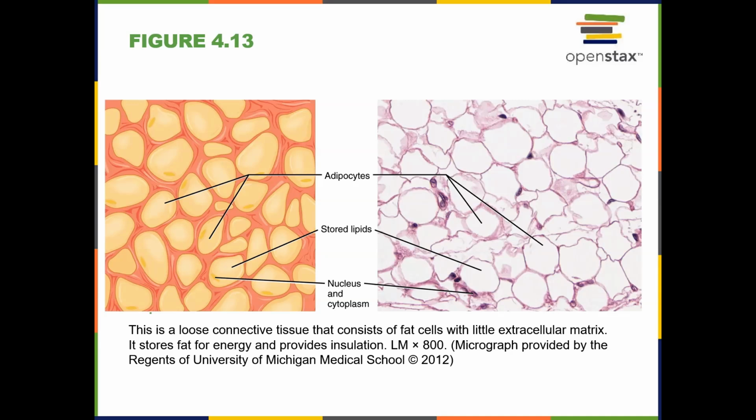Just deep to the cutaneous membrane is a layer of adipose tissue. There's also adipose tissue surrounding the kidneys, and in the mesenteries, or in the folds of the peritoneal membrane in the abdomen. And there's adipose tissue in the breasts surrounding the mammary glands.